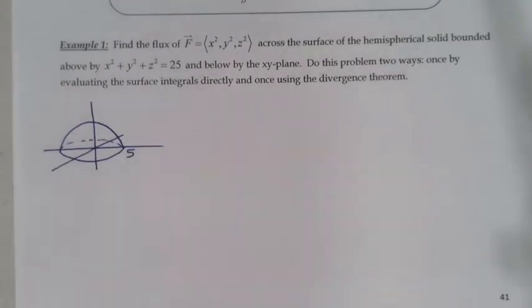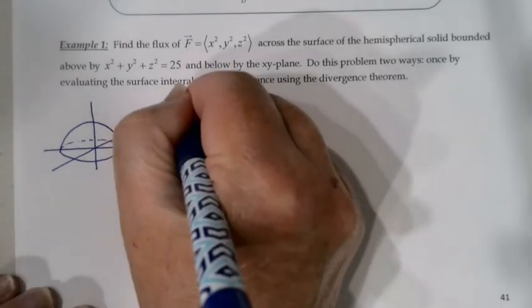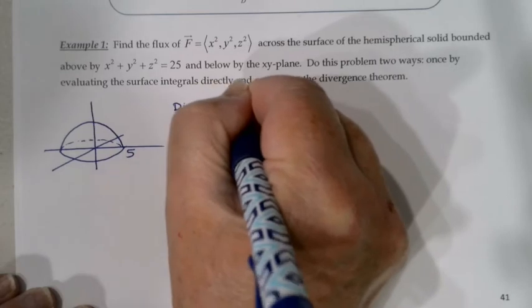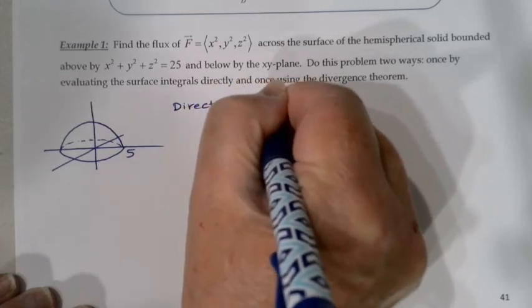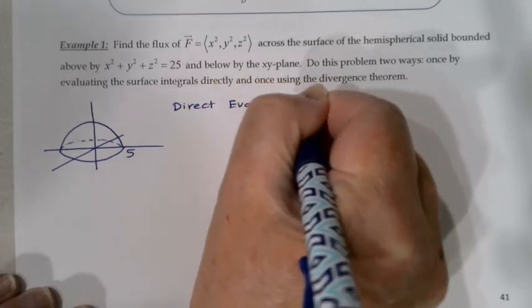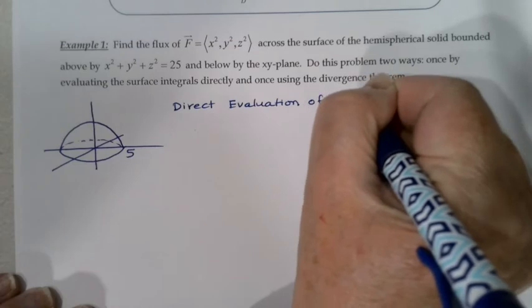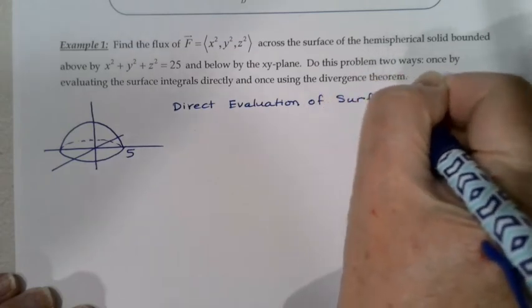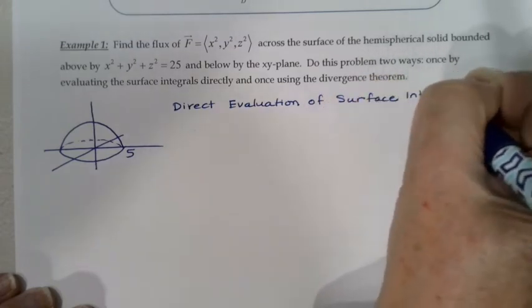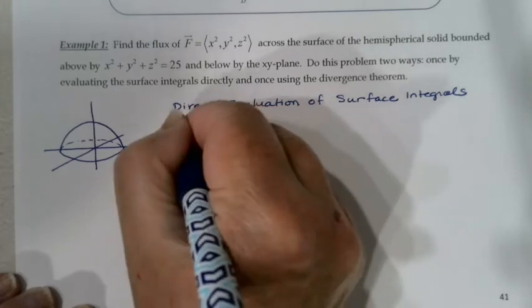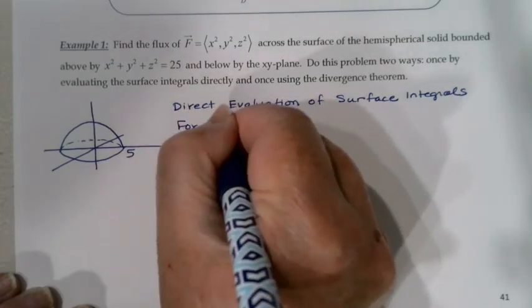Both the hemispherical surface and then also this disk down here are boundaries. So if I'm going to go ahead and do this the old way, directly evaluating the surface integrals, keeping in mind I want the outward flux.